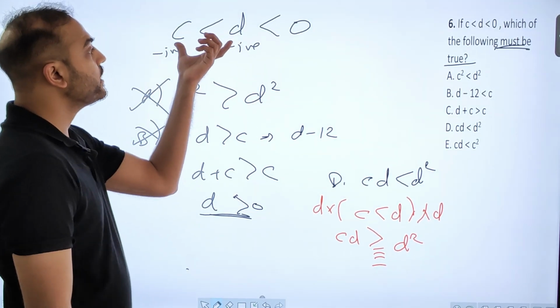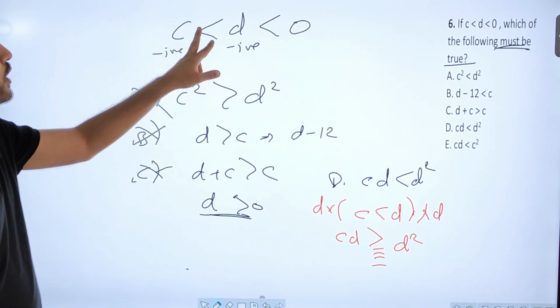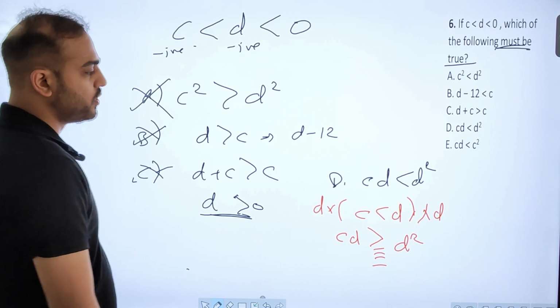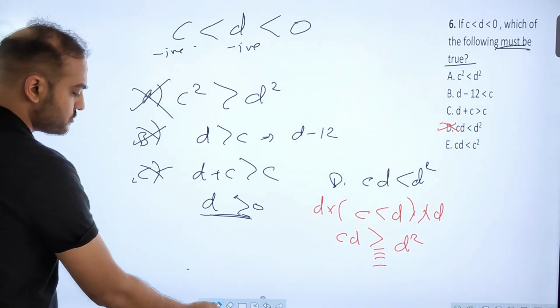See, I am multiplying D on both the sides. I can do that, but D is a negative number, so I need to change the sign. So I know D cannot be it, which means E has to be your answer.